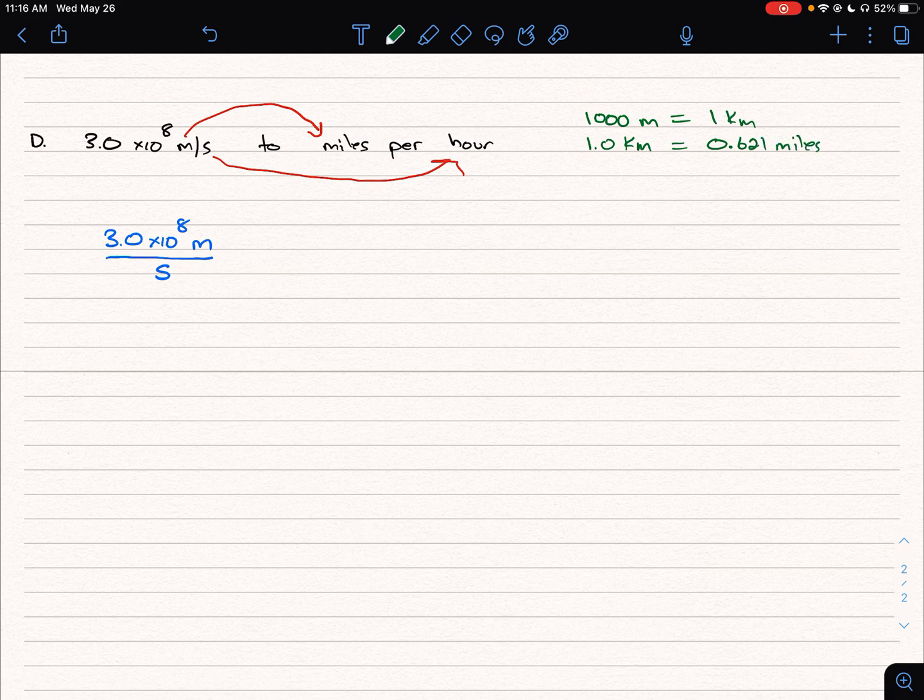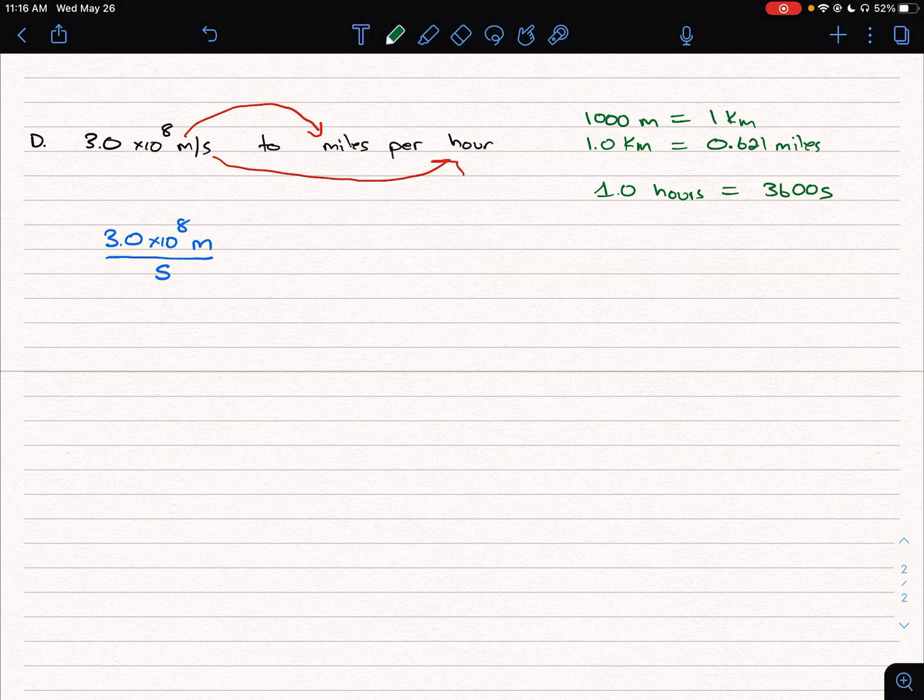And we still have to convert seconds to hours, so I'm going to write down that conversion. And we can look that up, and in 1.0 hours, there are 3,600 seconds. Right, 60 minutes in an hour, 60 seconds in a minute, so 3,600 seconds in 1 hour.